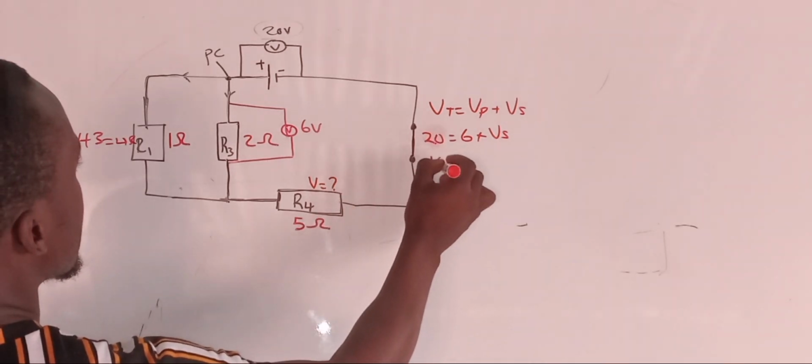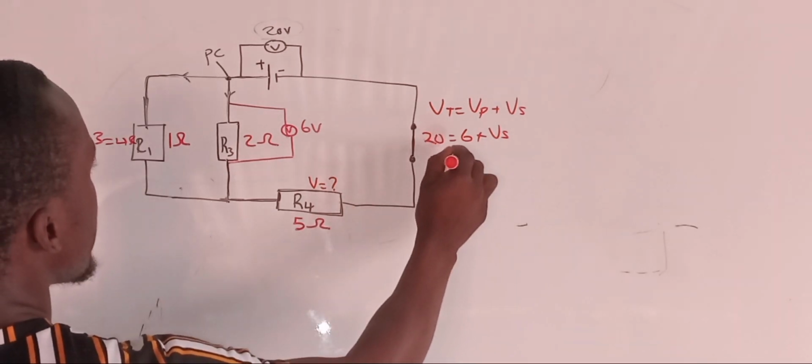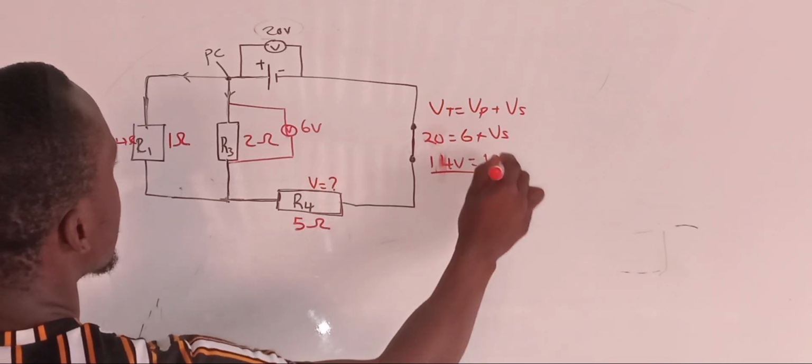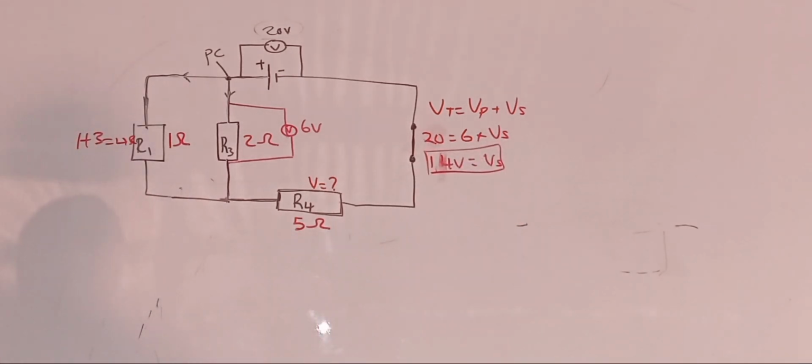So it will be 14. V equals Vs, so this is the voltage that is measured across the series resistor. So guys, this is very, very important.